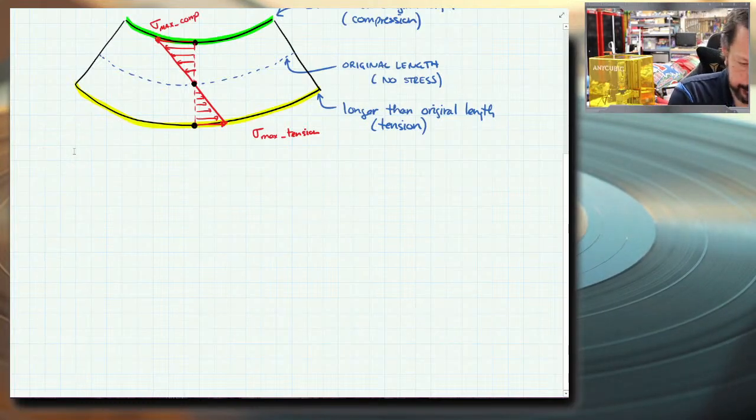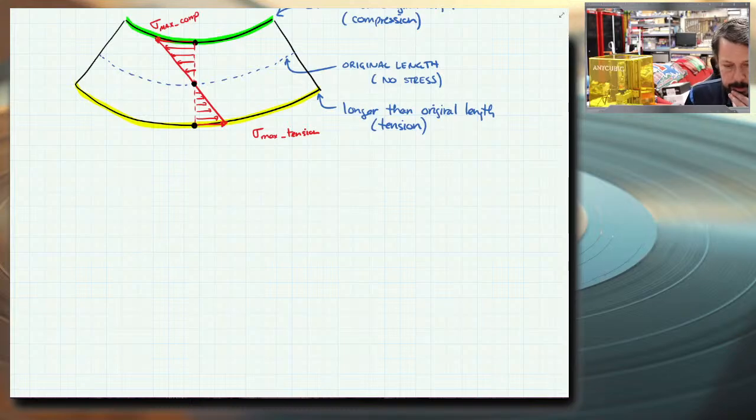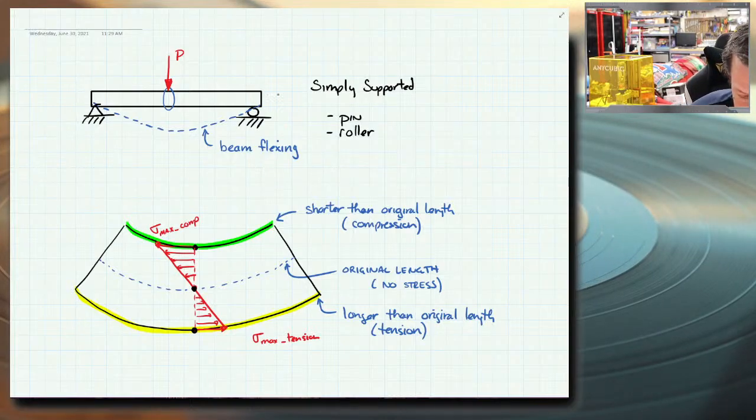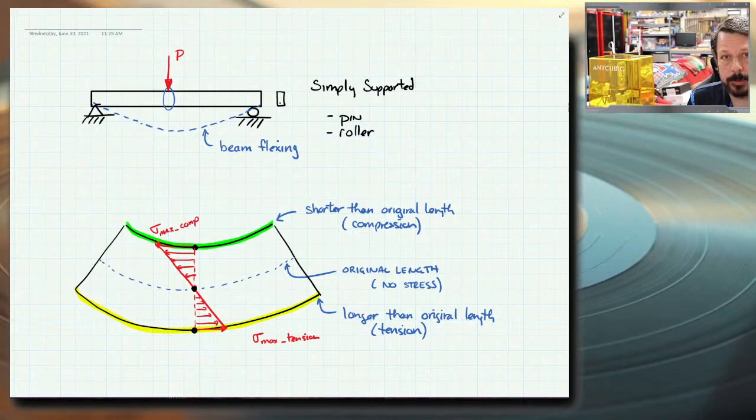All right. Let's talk about the idea of where this zero stress occurs. To do that, we need to look at the end of the beam. So now I need to scroll back up. This is the side view of the beam, and the end of the beam might be a rectangular beam, or a T-shaped beam, or an I-shaped beam, or a C-shaped beam, or an L-shaped beam.